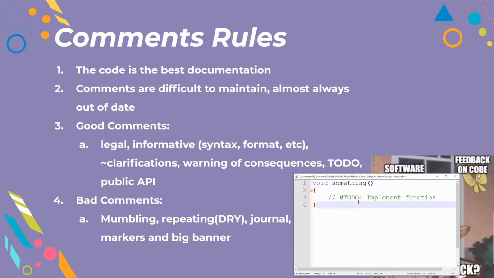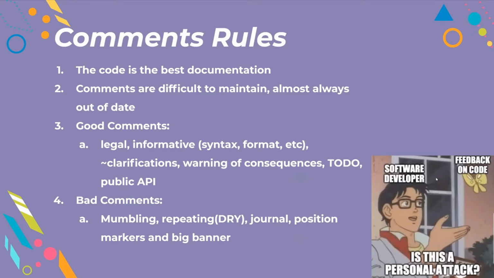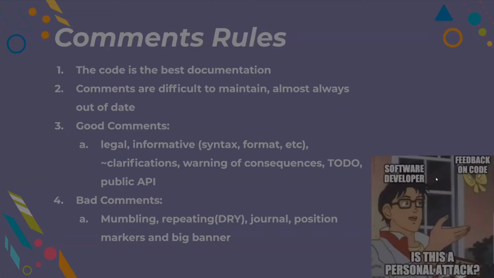But this is something that you will often see, and I'm pretty sure some compilers or IDEs even let you cycle through different to-dos if they're marked in a certain way. But it depends on whatever environment you're coding in.